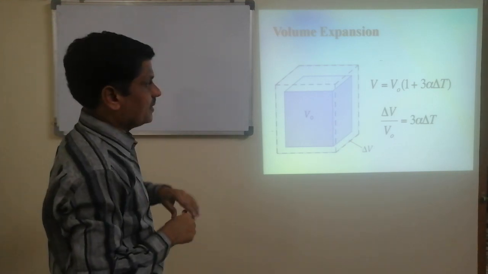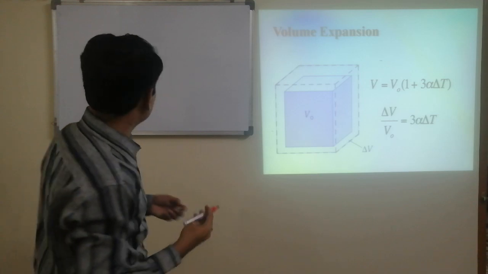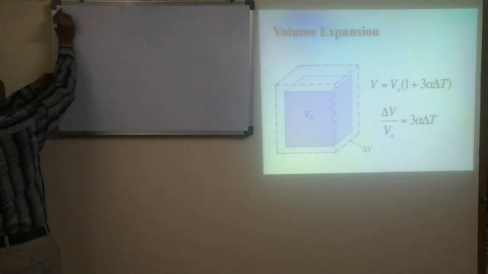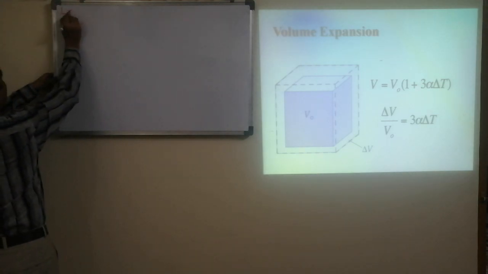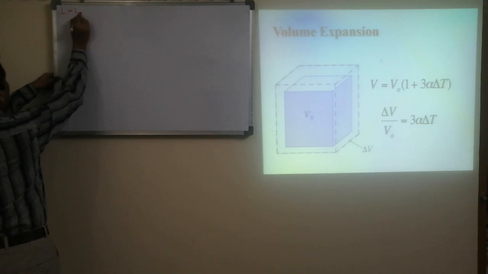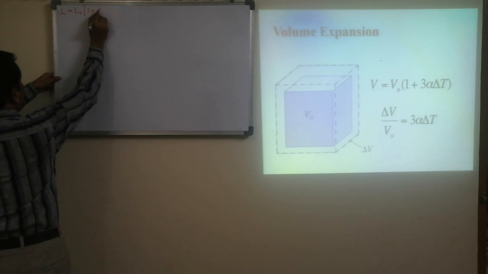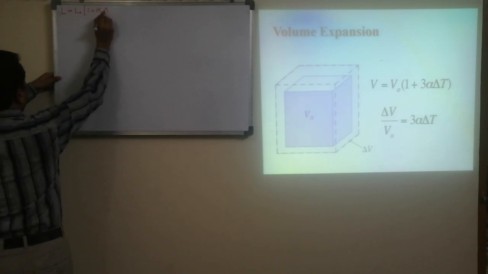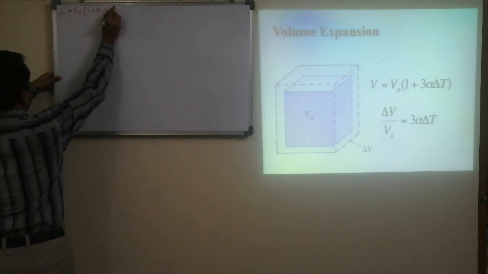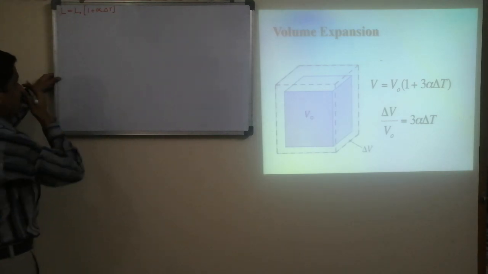See here. First I'll try to write L is equal to L naught in bracket 1 plus alpha into delta T, for linear expansion.